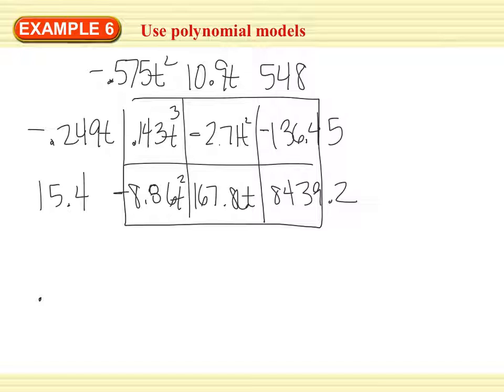Yes. Okay, so I have 0.143 t cubed. These are like, so negative 2.71 plus a negative 8.8.